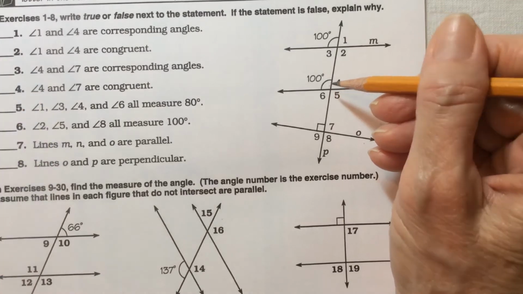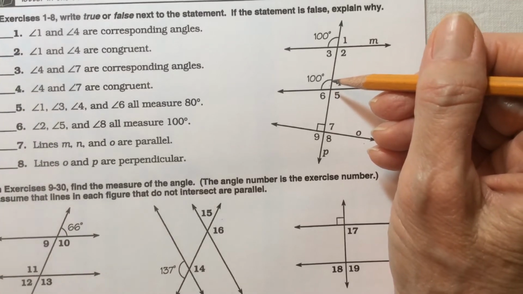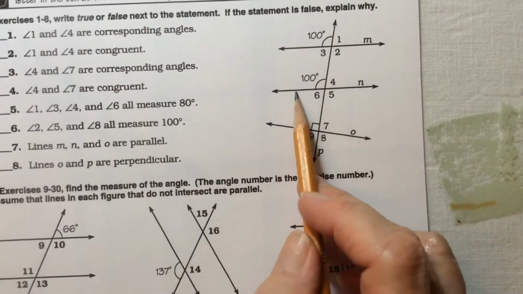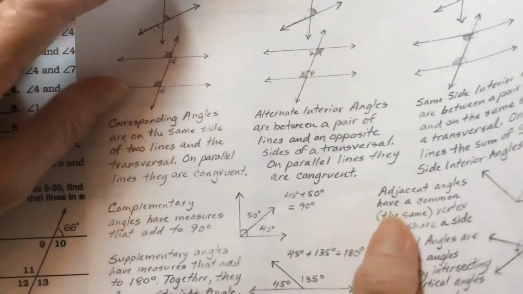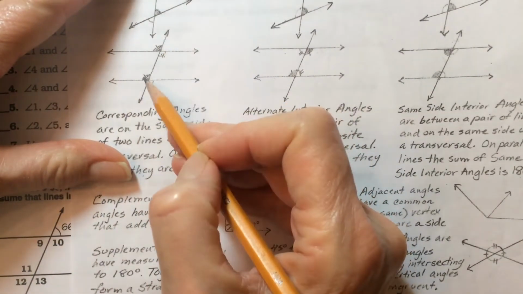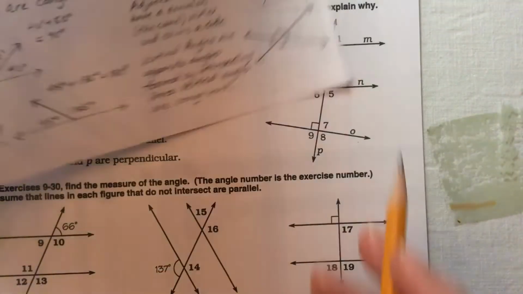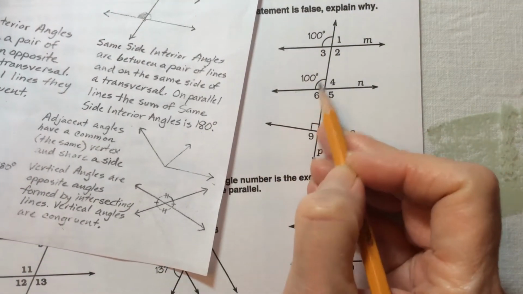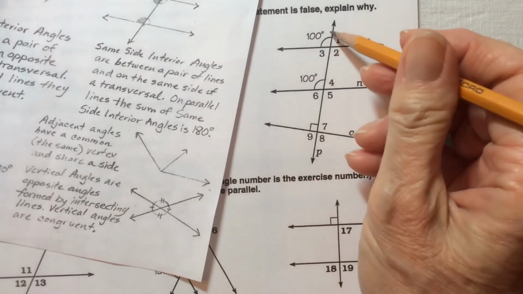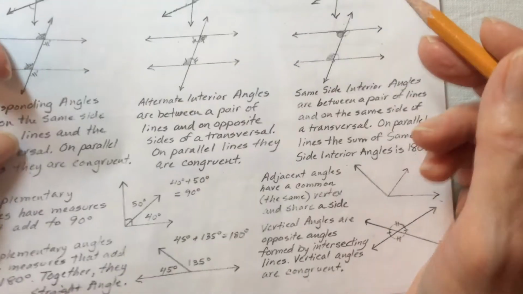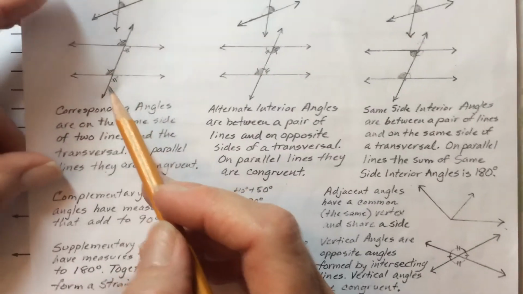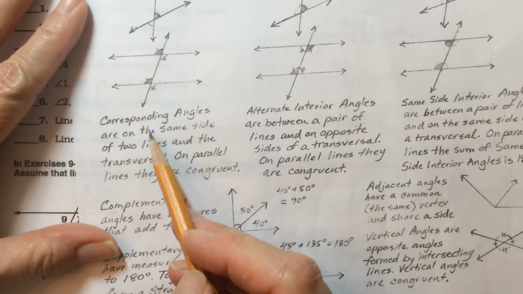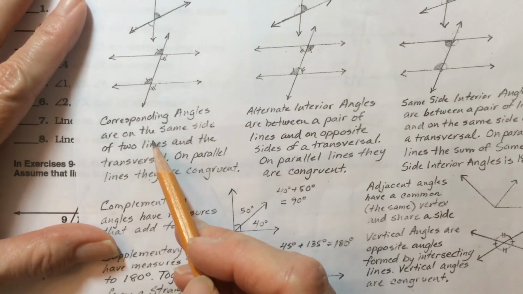Okay, so now if we look at this diagram and we see that these angles are congruent, then we actually can back out that these two lines are also parallel, because we know that these are corresponding angles, because they're on top of the line, and they're on the same side as this transversal. So by that definition, we know that they are corresponding angles.